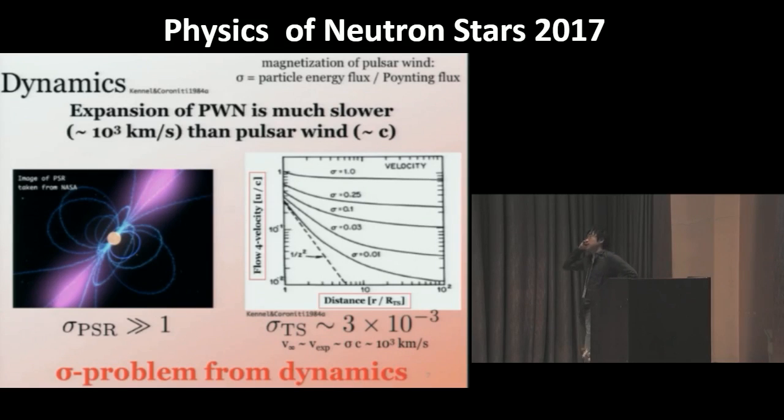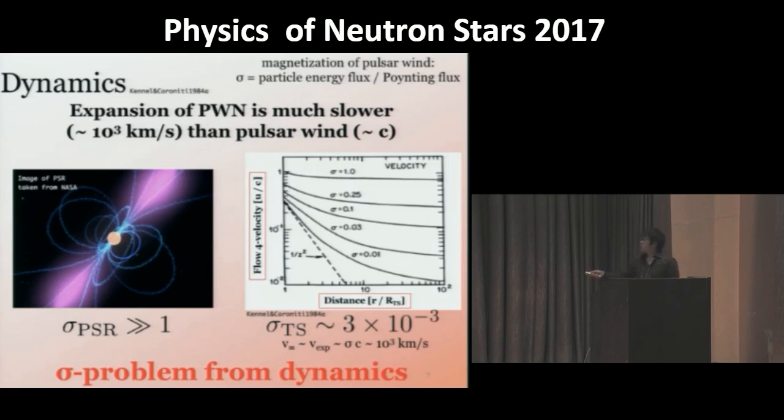We know that the pulsar itself should have a much larger sigma, because to first approximation it is just a rotating dipole, and they create a pulsar wind around here and this accelerates and may decrease the magnetization. However, Kennel and Coroniti found that because the expansion velocity of the pulsar wind nebula is much slower than the speed of light, we need a very small value for sigma.